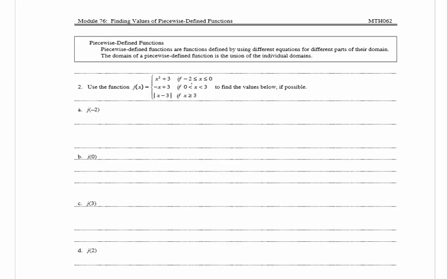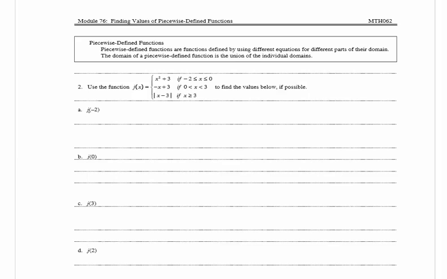So on the right, all of these if statements, those are the individual domains for the different parts of the equation, and the union of all of these domains is the domain of the piecewise function. So it's important when you're evaluating a number that you make a decision on which piece of the function you're using based on the individual domain and evaluate the proper equation.